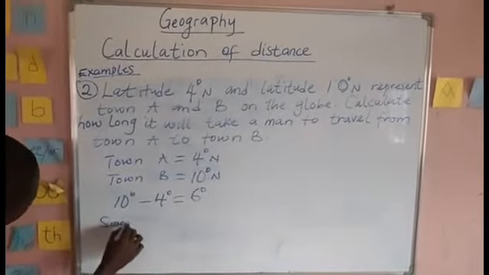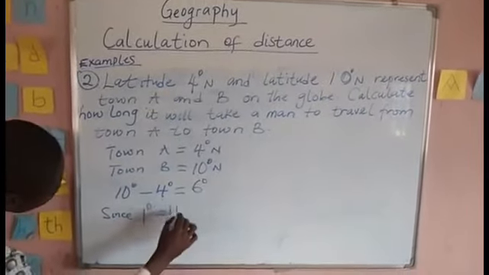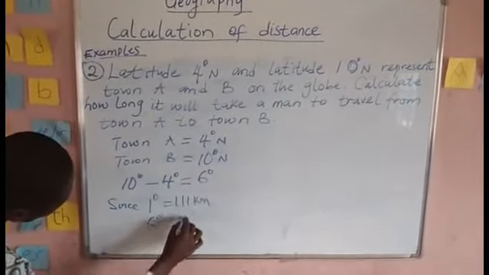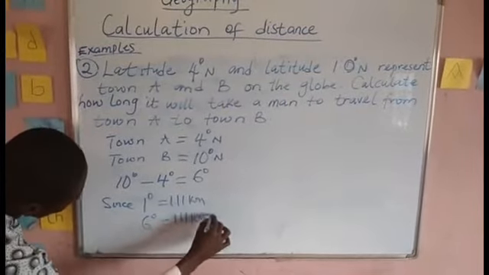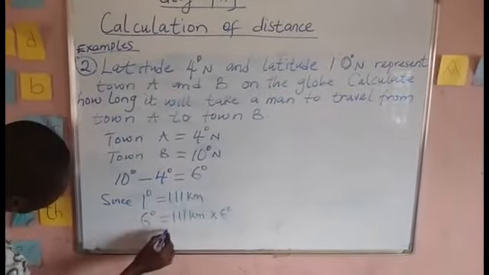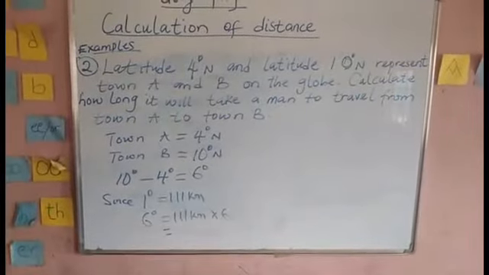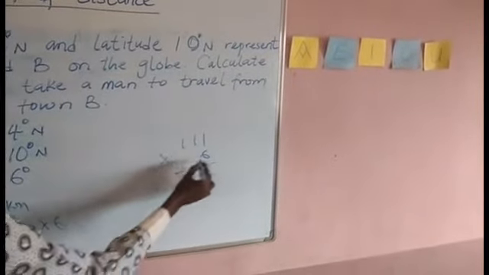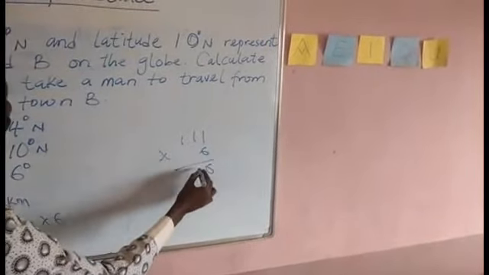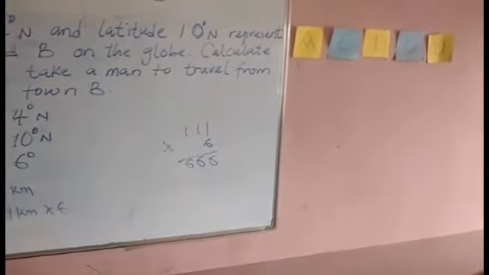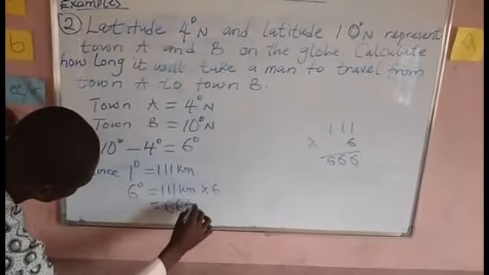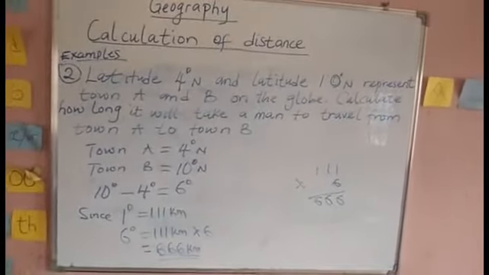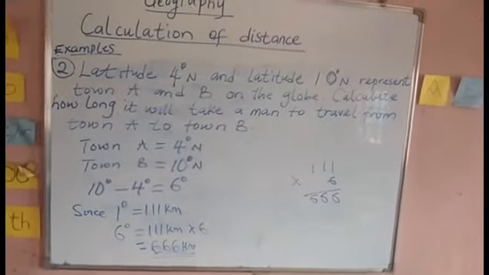Since 1 degree equals 111 kilometers, 6 degrees equals 111 kilometers times 6. 6 times 1, 6. We have 666 kilometers. So the man will travel 666 kilometers from town A to town B.